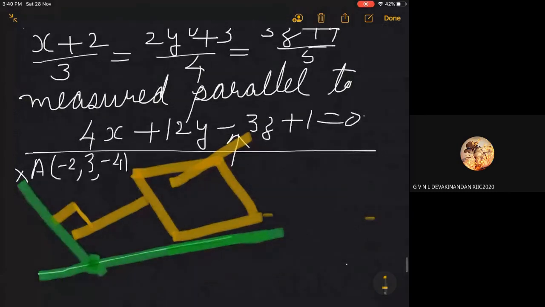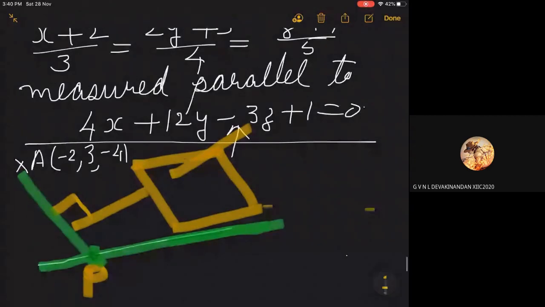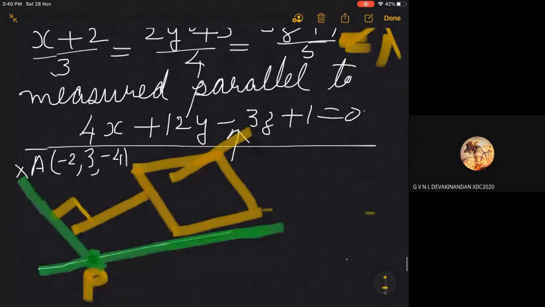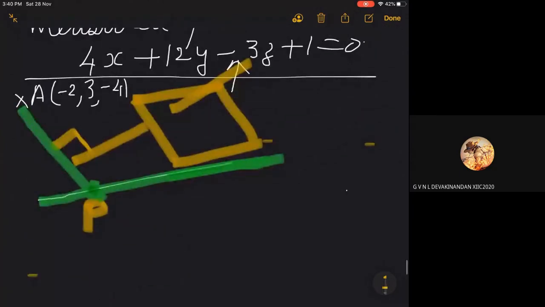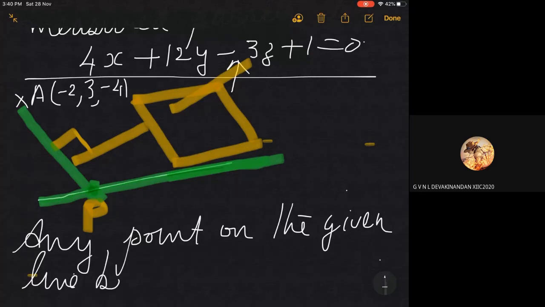Okay, now you have to find out the point P. For finding out the point P, you have to use the line. For the given line, let this be equal to lambda. So any point on the given line can be the coordinates of P, you have to assume this.